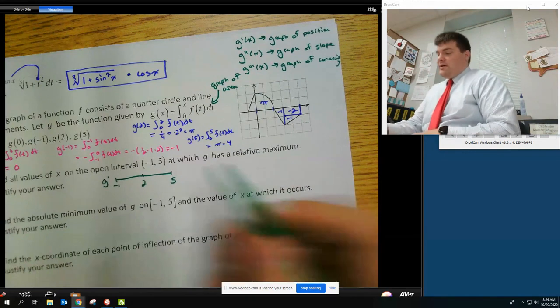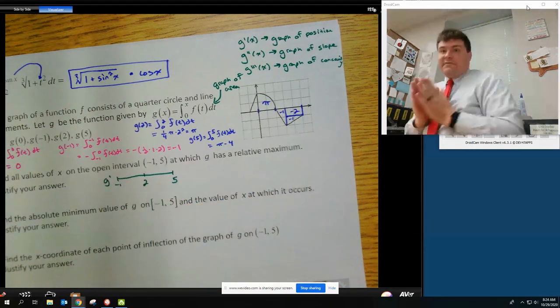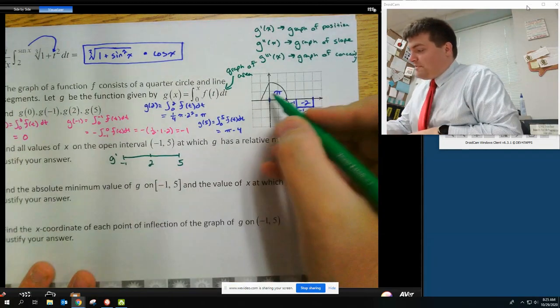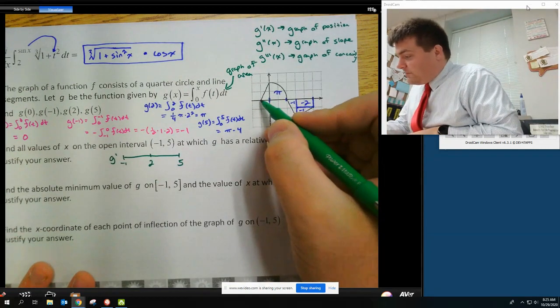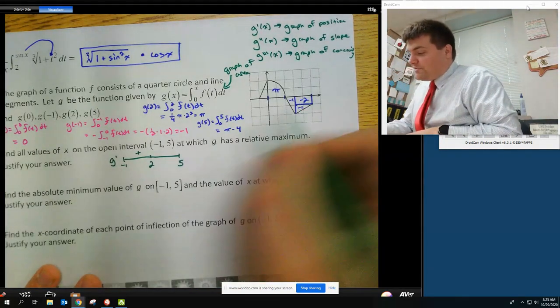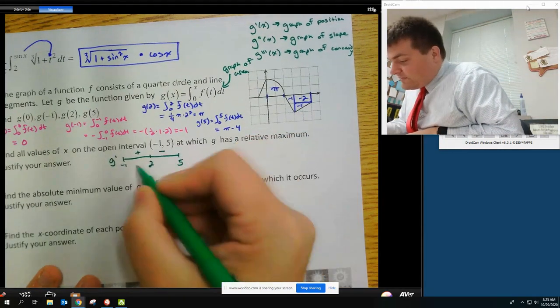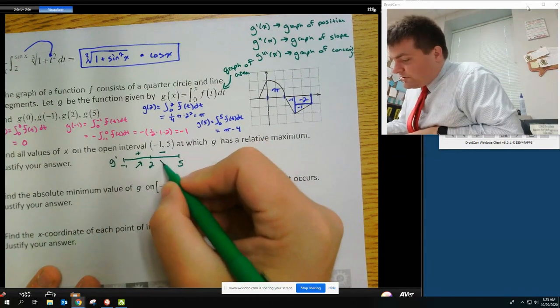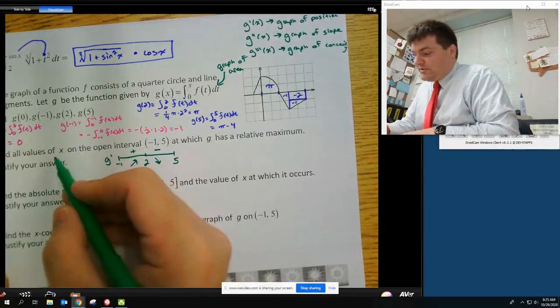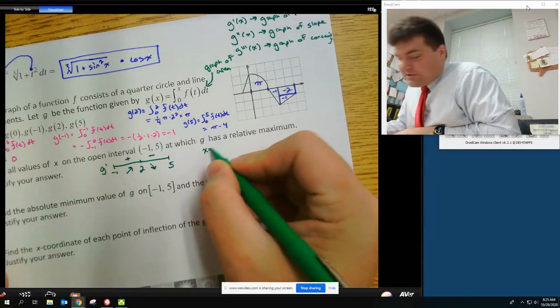From -1 to 2, again, this is a graph of position. Is my position positive or negative from -1 to 2? Well, it's up, so it's positive. And right here, from 2 to 5, it's below, so it's negative. So where do I have a relative maximum? Looking at x values, I have a relative maximum at x equals 2.